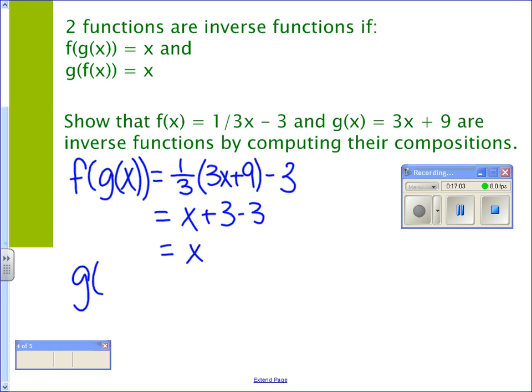So we have g of f of x. What would we do for this one? Does that make sense?